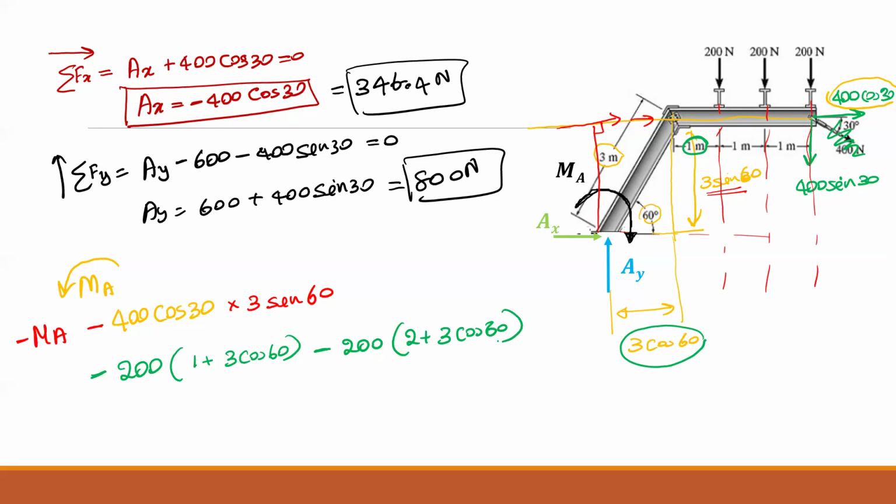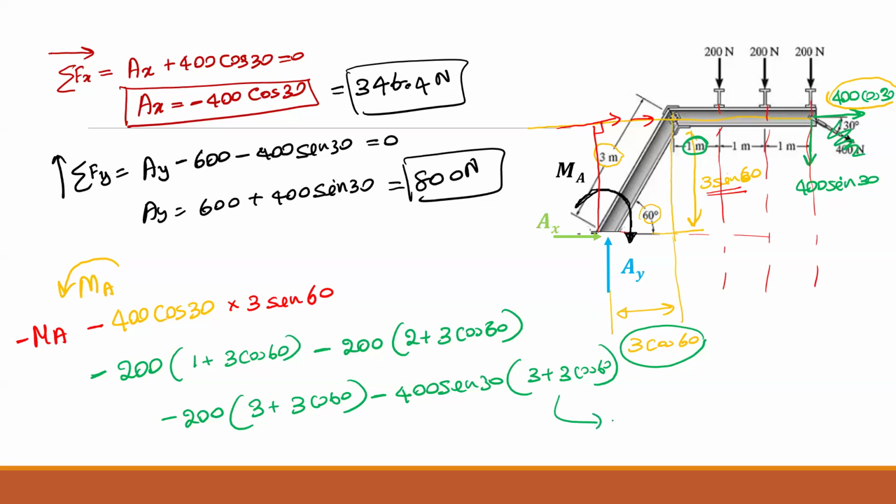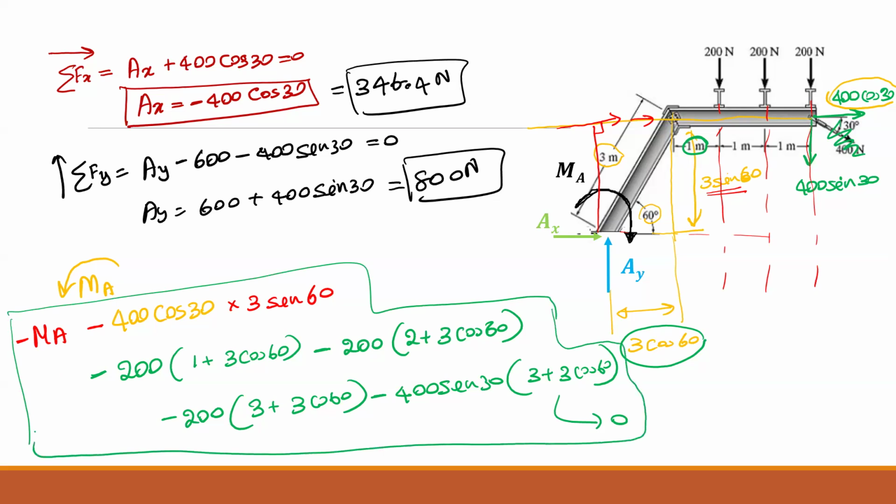You can consider 200 plus 400 sine 30 together, or do it separately. It's up to you. So 200 times 3 plus 3 cos 60, then we have another 400 sine 30 times 3 plus 3 cos 60. So these should all equal 0. It's a long equation because we have a lot of forces, but the only unknown is MA. So you can make MA the subject and find MA.